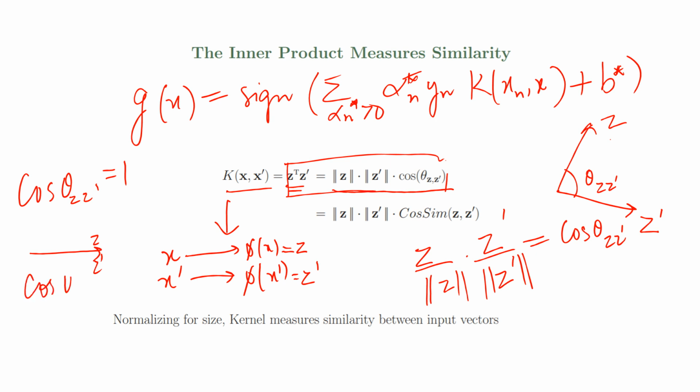And if cos theta is -1, these are two opposite directions. So that is telling me something about the relationship between z and z prime: whether they are opposite, whether they are the same, how far apart they are from one another. So this is in some sense depicting similarity, correct? Some form of similarity. I'm not saying that similarity is one definition for all, but in some sense this is cosine similarity, I can say, right?